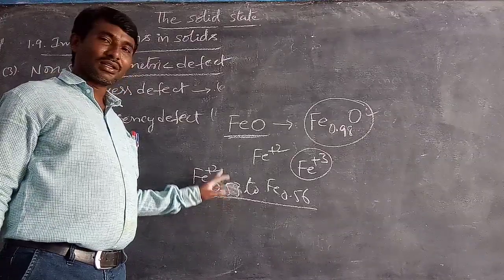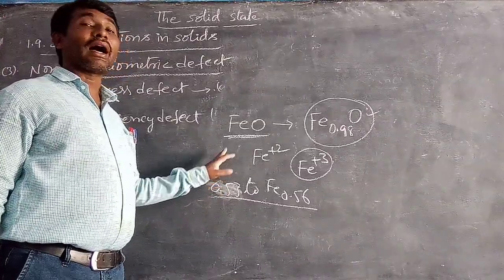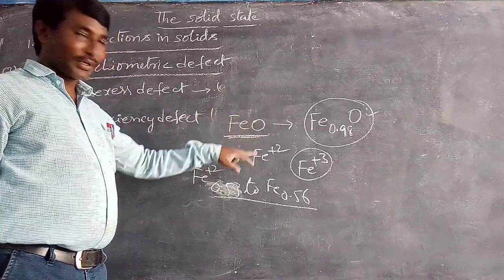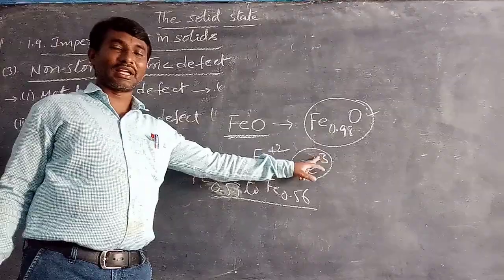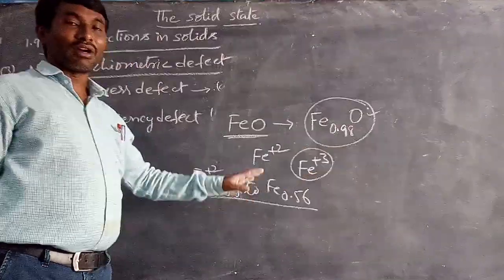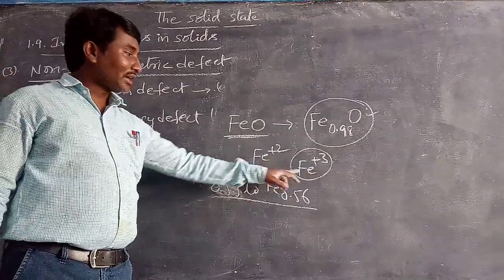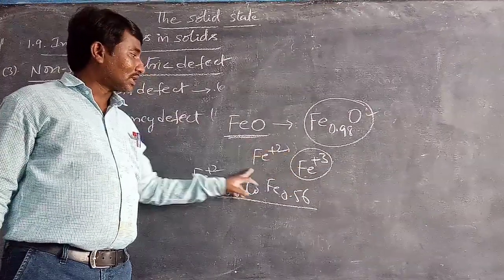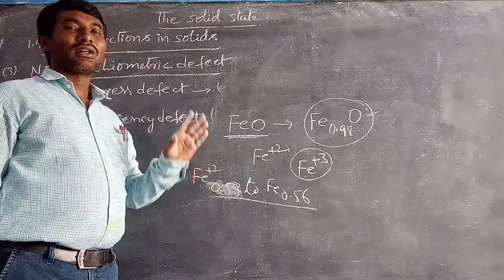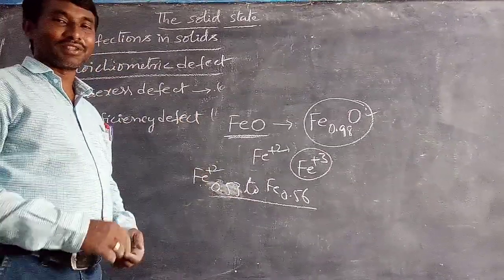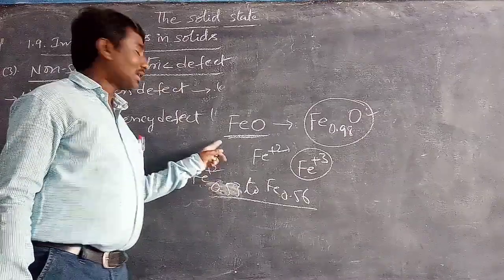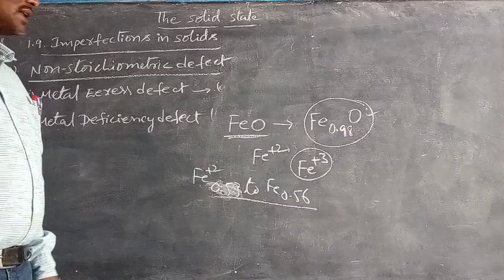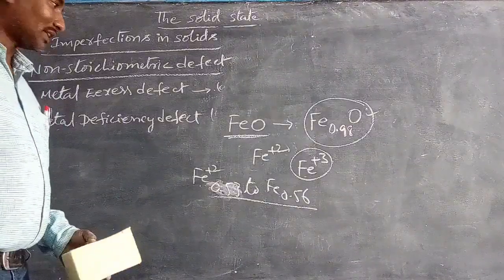So this is occupied by the higher charged species, that is Fe+3. So the compound becomes metal deficient. This is called metal deficiency defect.